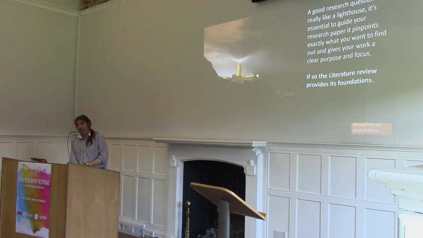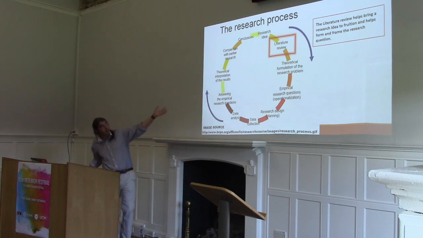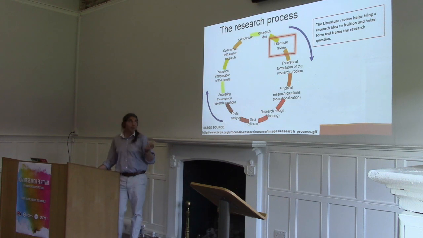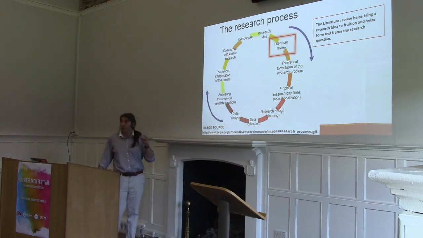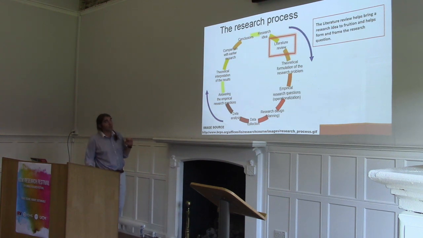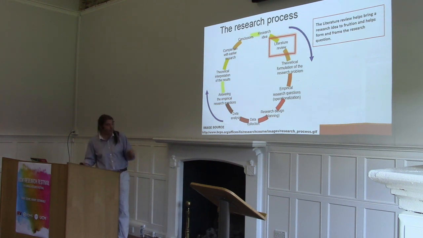Just to talk a bit about the research question, here it is. This is the research process. So the idea appears, we do a lot of reading. We get an idea of what our problem might be. So we do a lot of reading in order to formulate more questions. And then we do some more reading in order to start designing how we're going to do the research. So we start to read about our methodology, what we're going to apply.